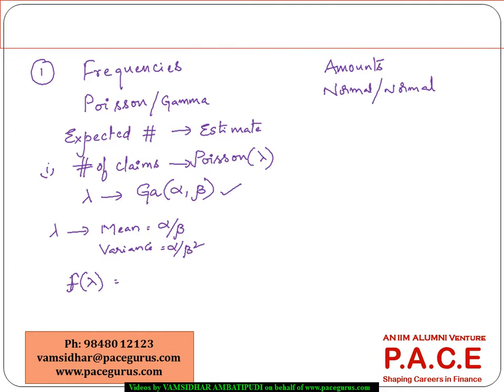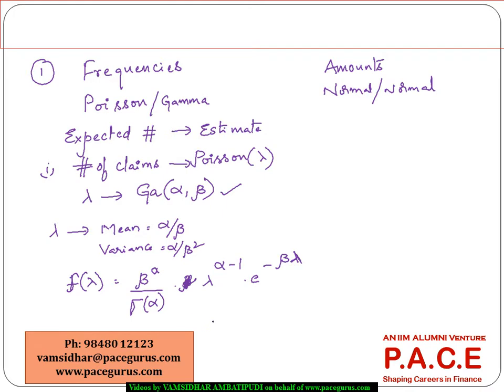We will get it as beta to the power alpha divided by gamma of alpha, times lambda to the power alpha minus 1, e to the power of minus beta lambda. This is what the prior gamma distribution is.